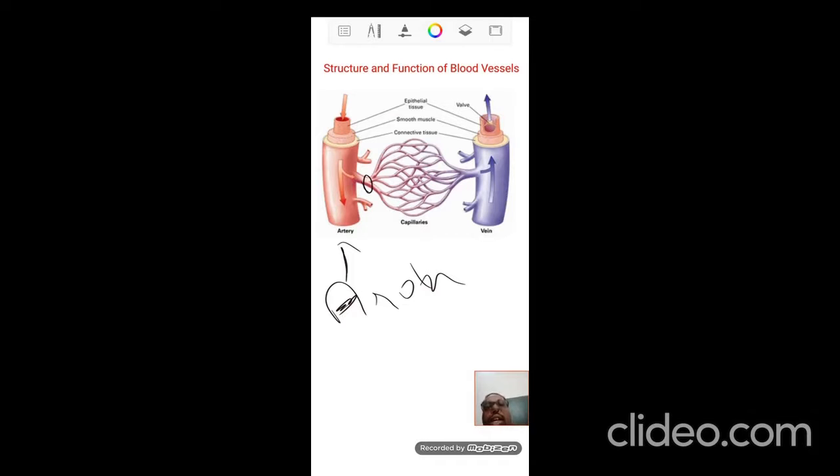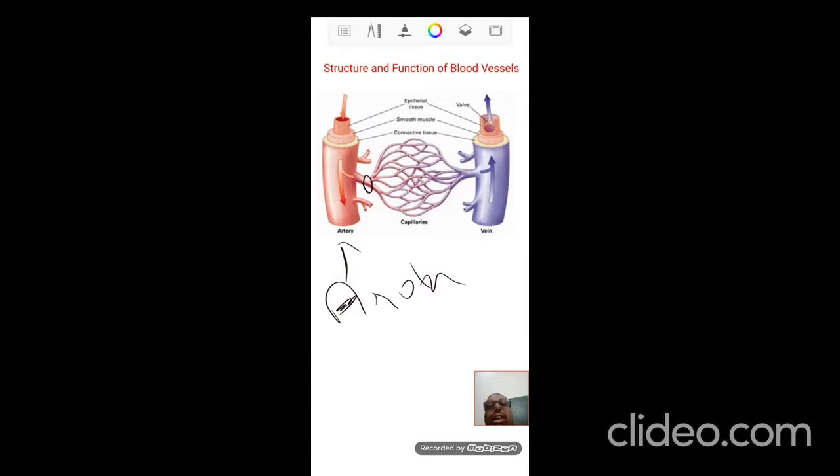In the same way, when the blood is returning back to the heart, it goes through capillaries, venules, veins, and to the heart. And remember one more thing: arteries don't have valves and veins have valves.